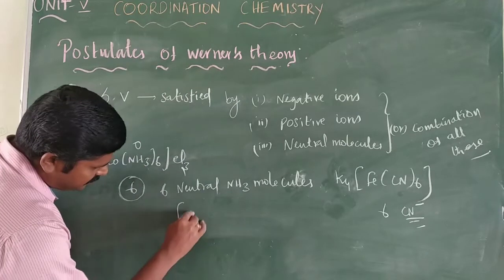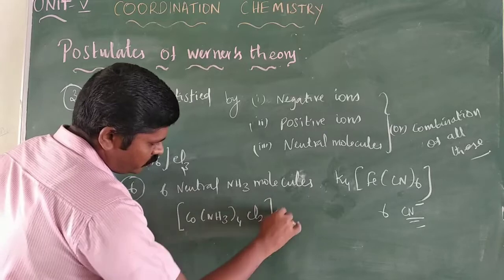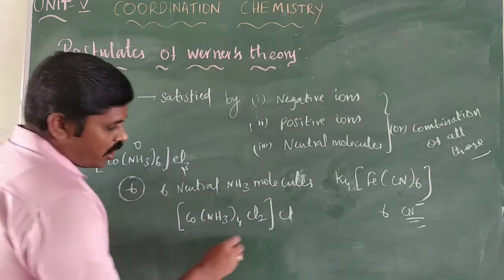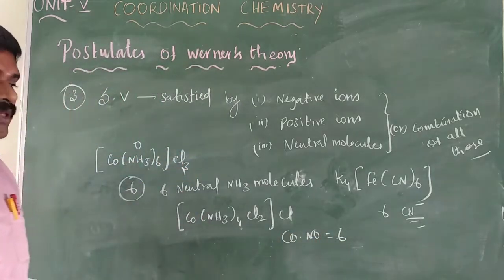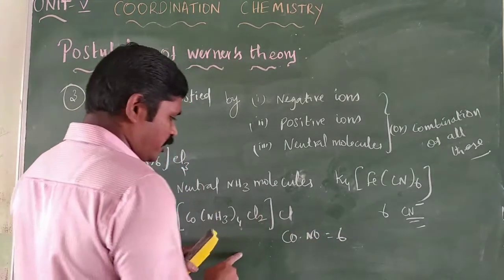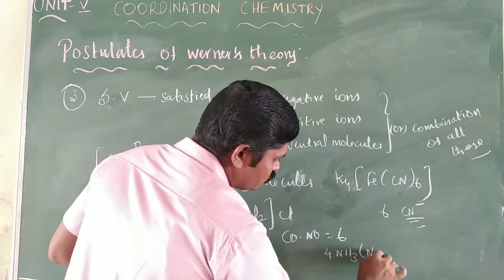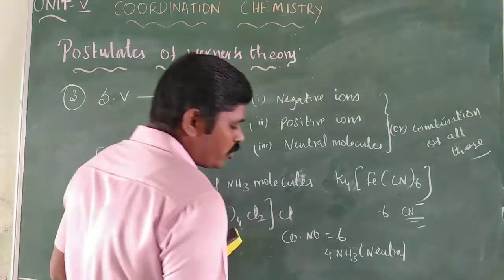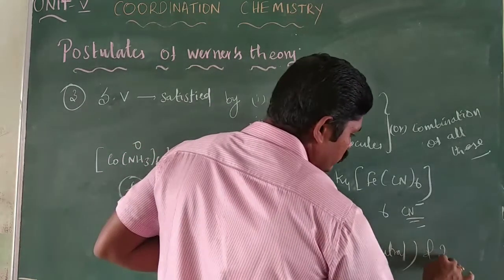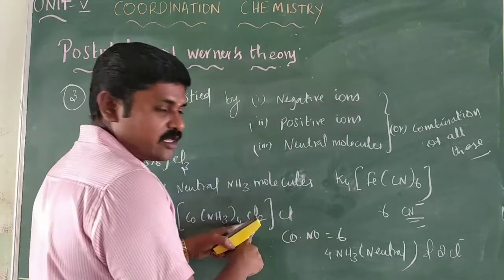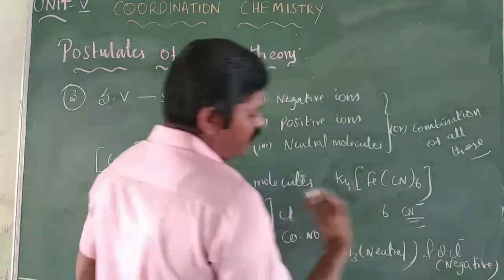In this complex, [Co(NH3)4Cl2]Cl, the coordination number is 6. The coordination number is satisfied by 4 neutral NH3 molecules and 2 Cl minus ions, so 2 negative ions.